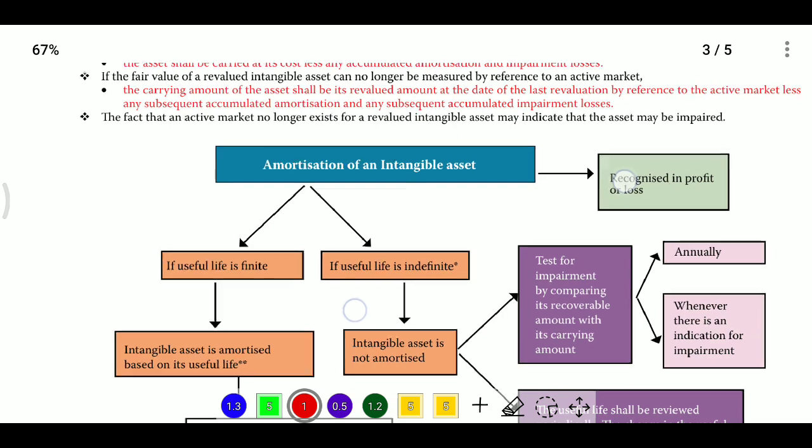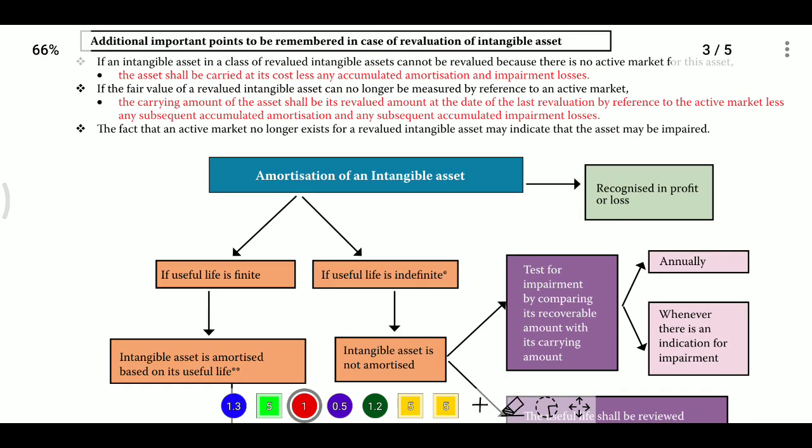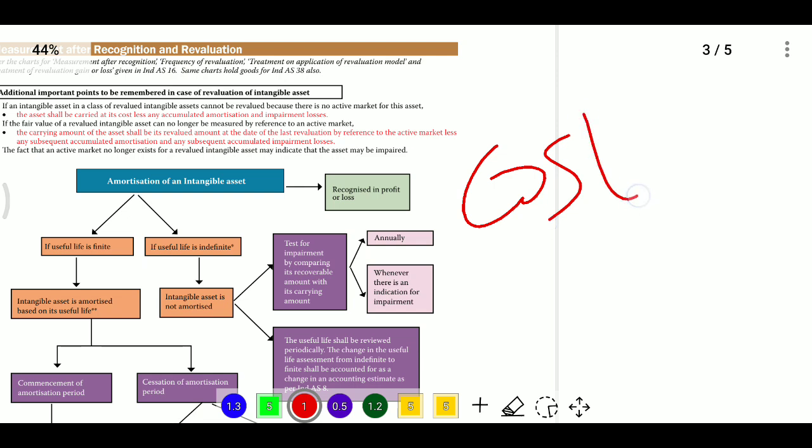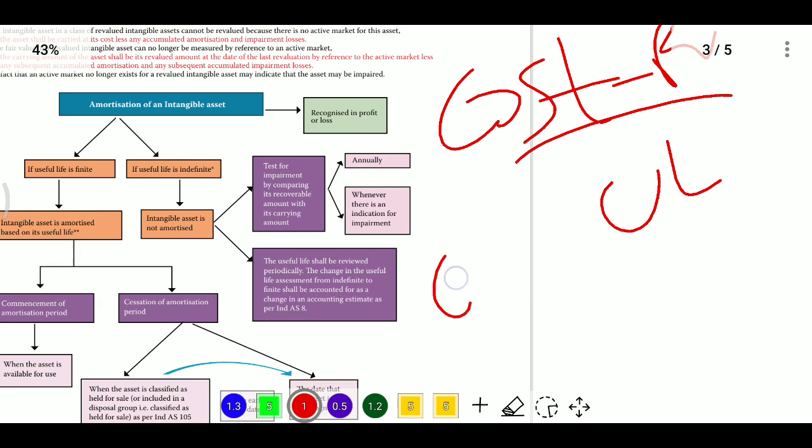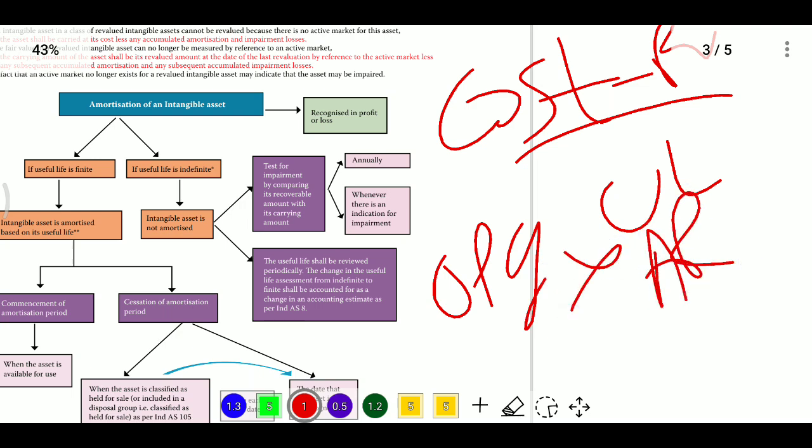Amortization is calculated as cost minus residual value divided by useful life. Or we can use the diminishing or reducing balance method, that is WDV, where amortization is the opening value into the amortization rate. Or we can use the units of production method, where amortization is charged in ratio of estimated production units.